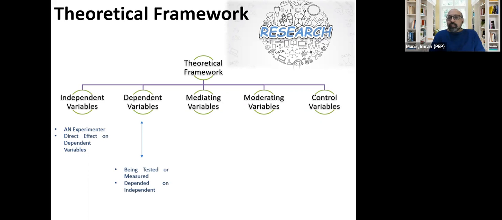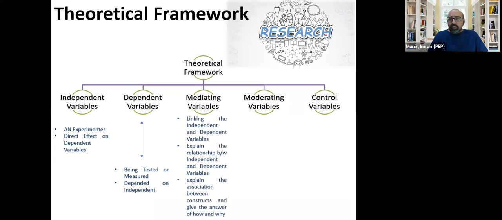Similarly, the dependent variable is being tested, because based on dependent variable testing, we will be materializing the independent variable, whatever the X amount. We will be reiterating this through examples in the later slides.